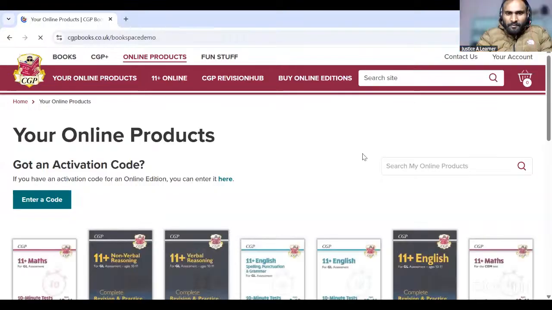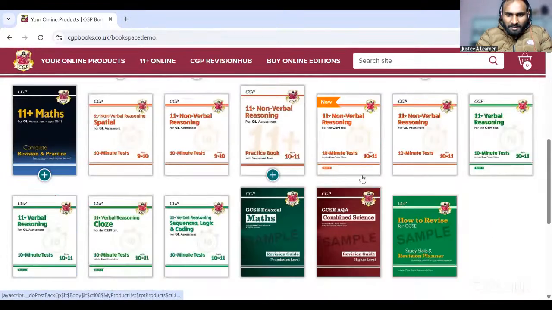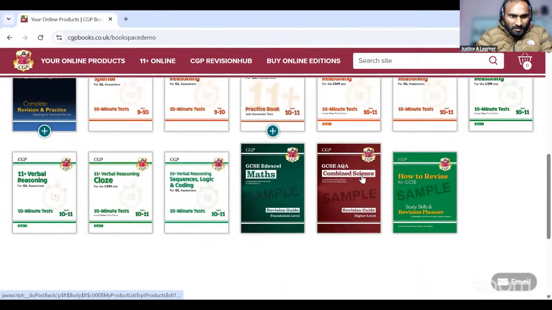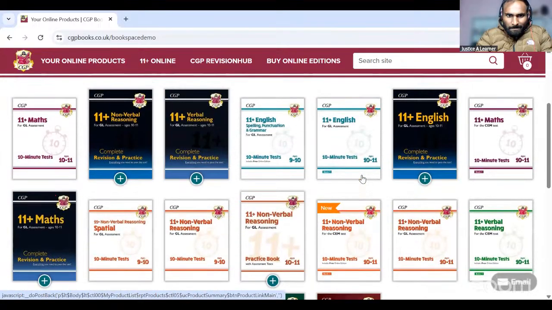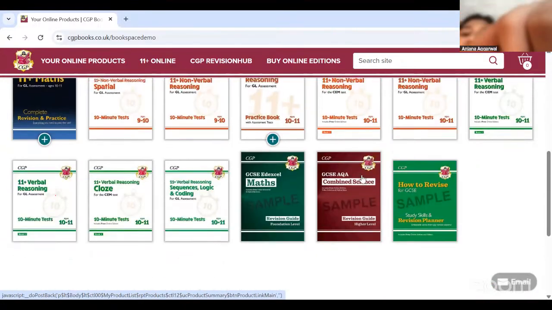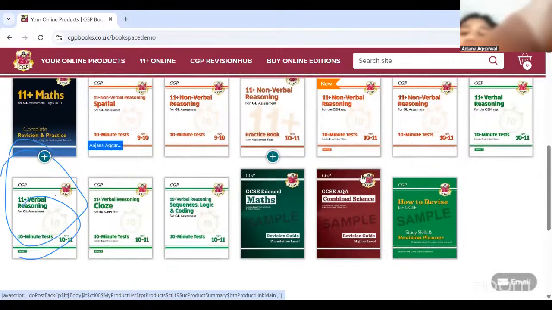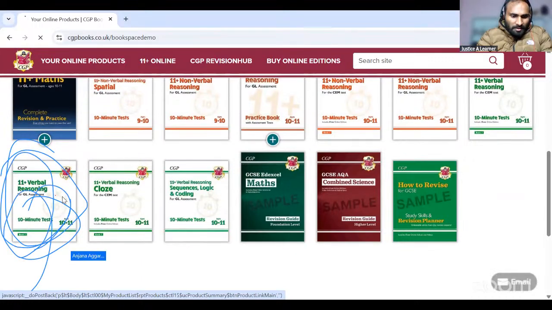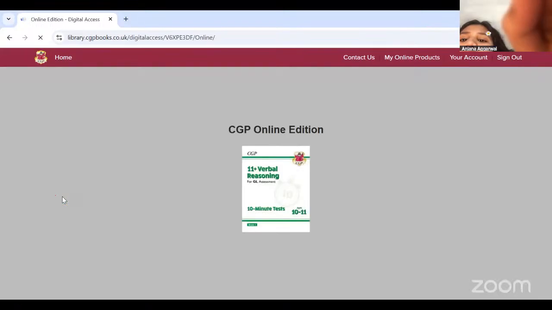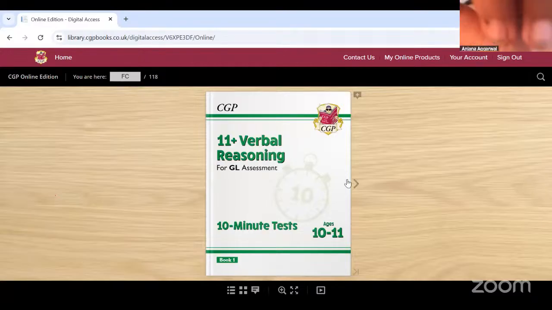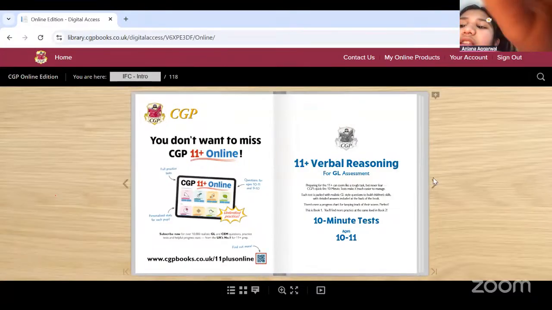So how much have you done in this verbal reasoning earlier? Which one were you doing? Can you go down? This one. I think it's about test 16 or 17.